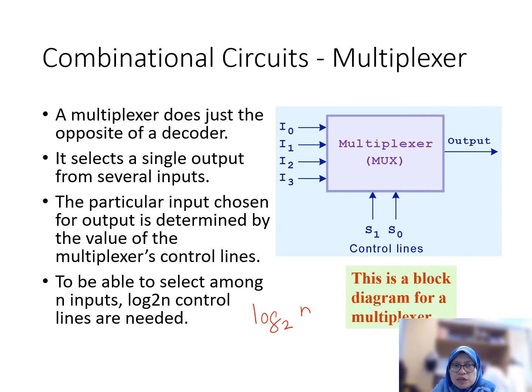For example, if we have 4 inputs, log 4 base 2 is equivalent to 2. Equivalent to 2 means that for 4 inputs, it requires 2 control lines, to select which goes out as an output.